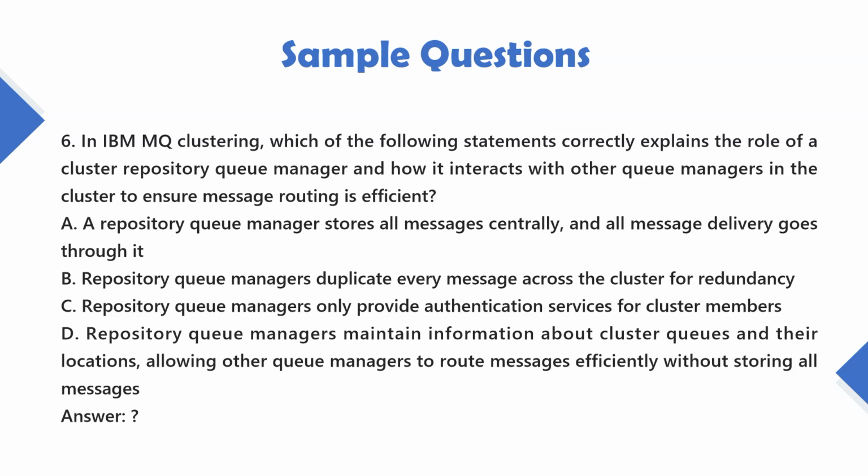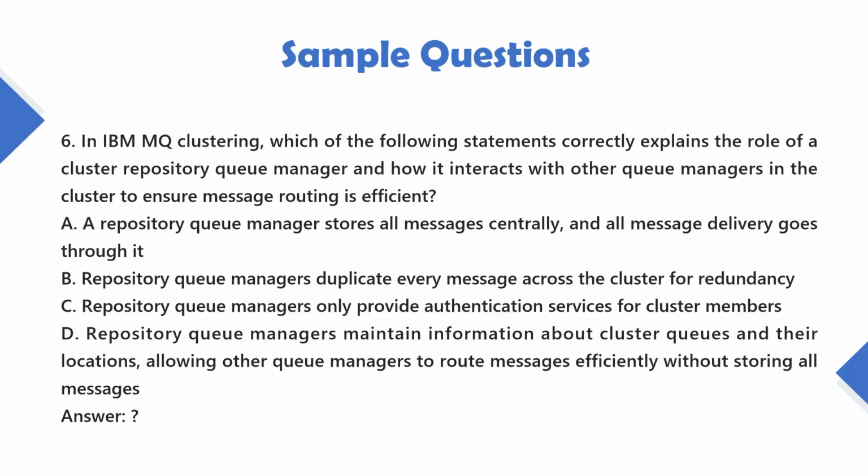6. In IBM MQ clustering, which of the following statements correctly explains the role of a cluster repository queue manager and how it interacts with other queue managers in the cluster to ensure message routing is efficient? A. A repository queue manager stores all messages centrally, and all message delivery goes through it.